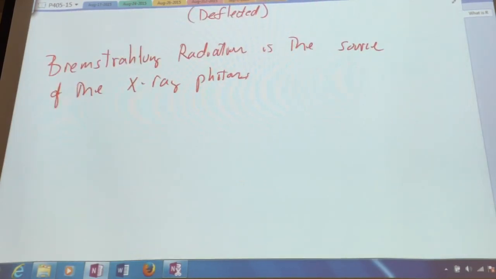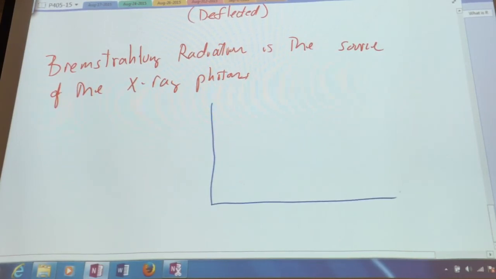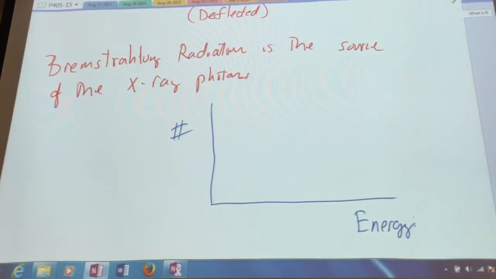And so our next thing to do is to make a histogram of our X-ray photons. Number and energy. So if you want to make a note to yourself, at this point we're leaving the electrons behind. The electrons have interacted with the target and they've been deflected, and in the process of the electrons being deflected, the photons are created.